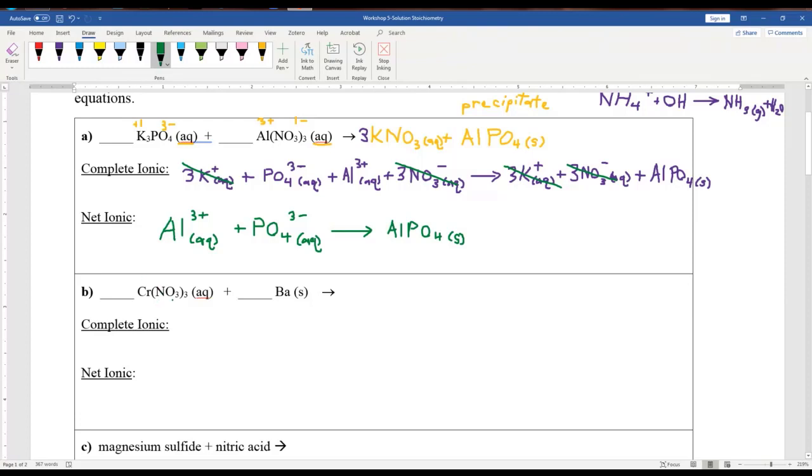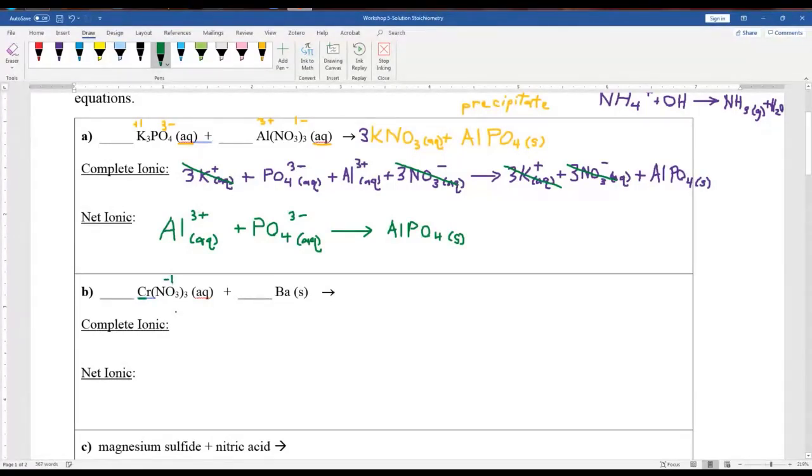Let me show you a trick, because chromium is one of these metals that we don't obviously know the charge of. The easier way is to use the charge on the polyatomic ion to figure it out. So how about we start with determining the charge on nitrate. 1 minus.